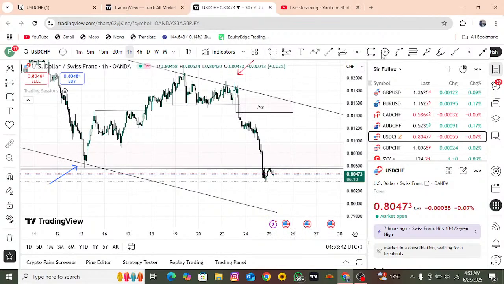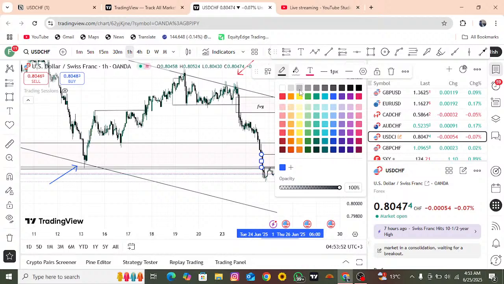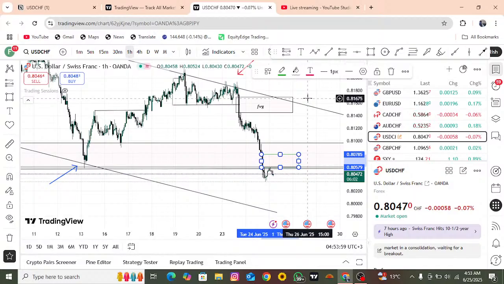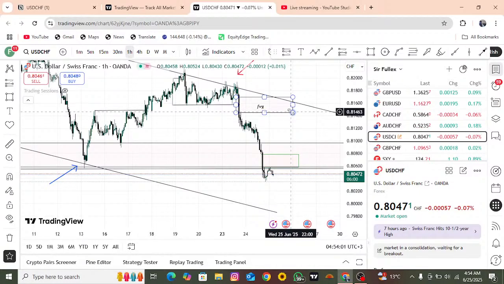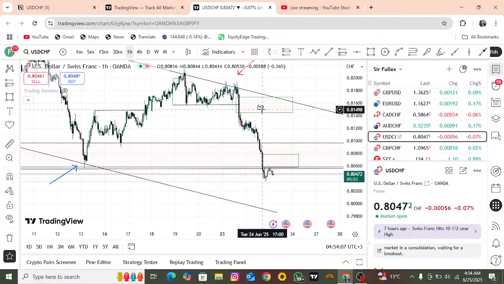Has the market reacted to this one yet? This time I change the color perhaps. A fair value gap there.